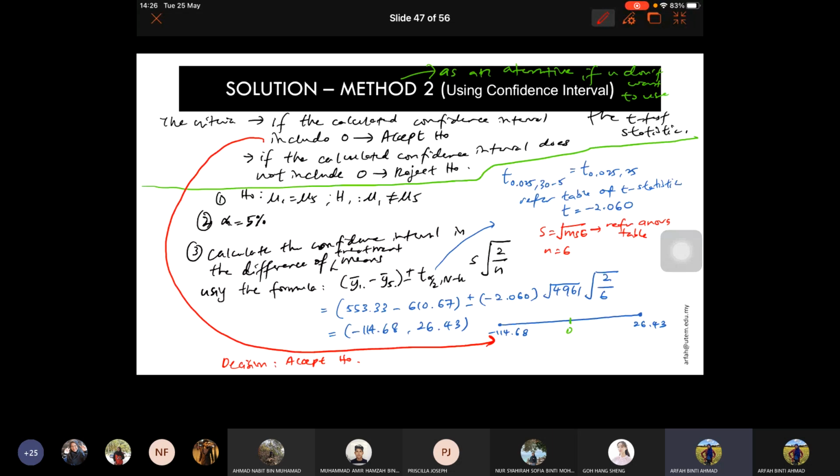Accept H-null. Then step ke-4, this one accept H-null. So step ke-5, conclusion based on H-null.